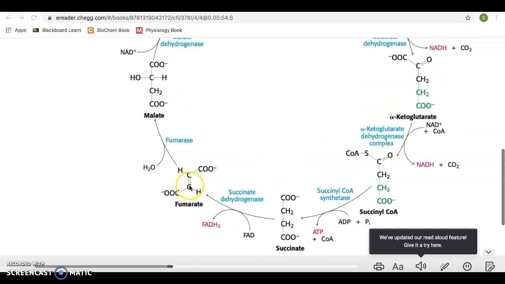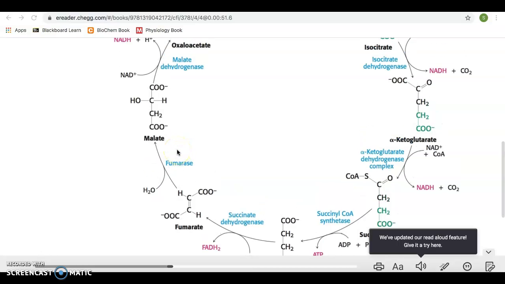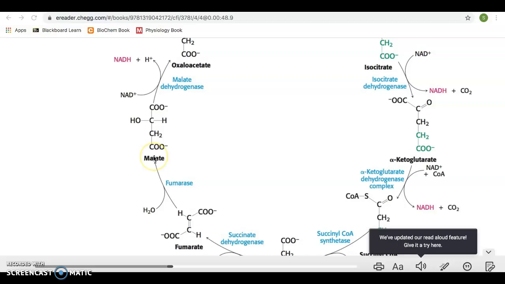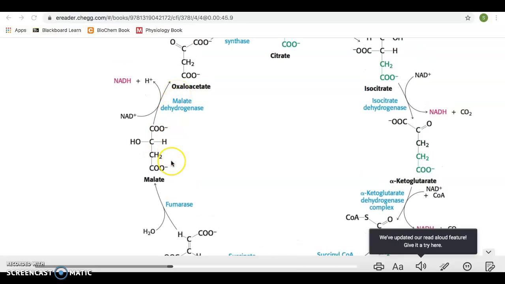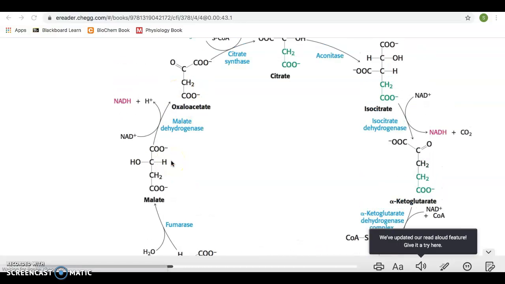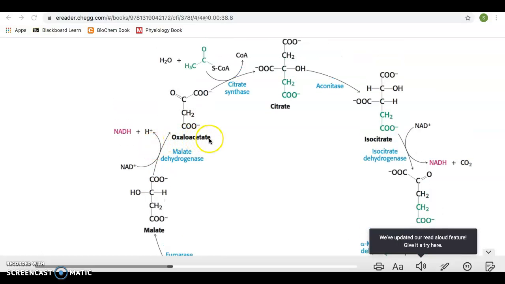So we have our fumarate, and it reacts with water from fumarase and makes our malate. And then our malate, with the help of malate dehydrogenase, reforms this oxaloacetate, restarting our cycle, and that also makes another NADH.